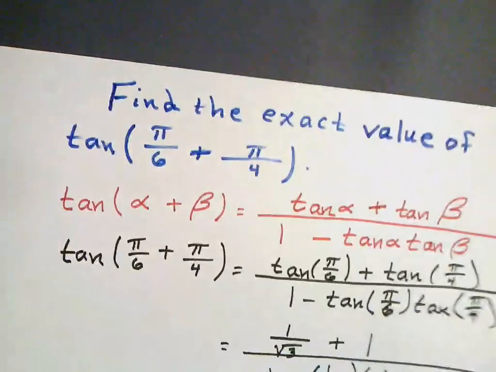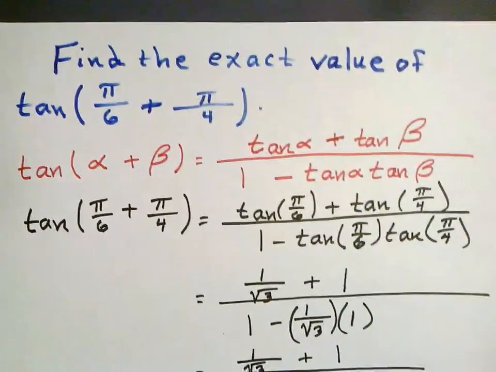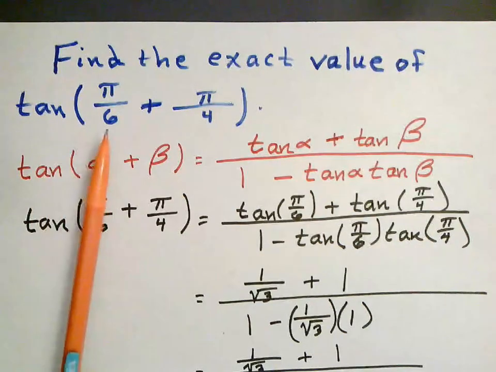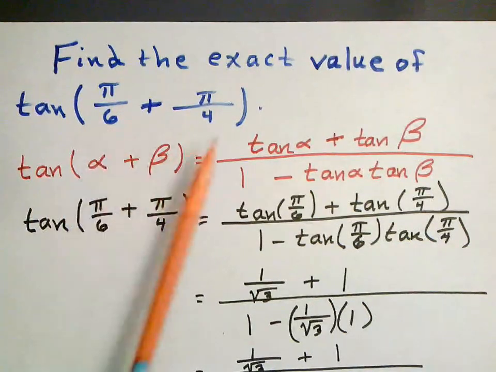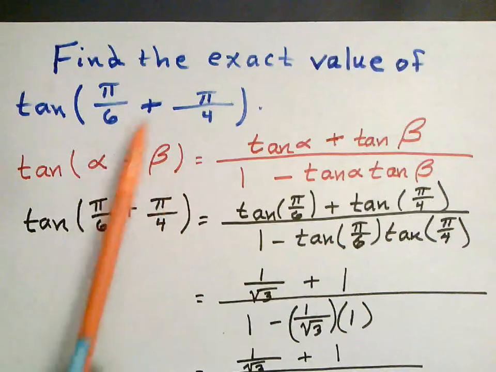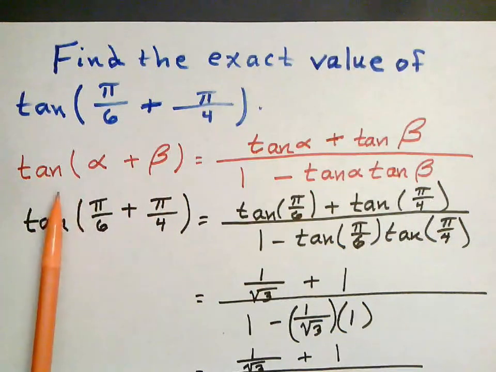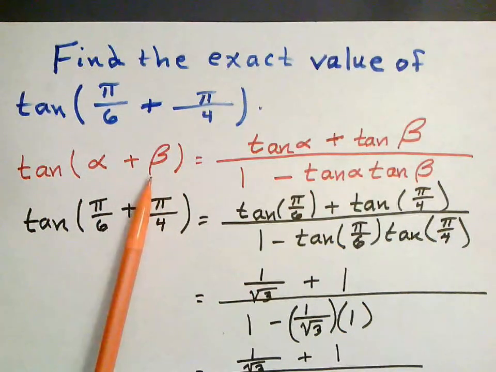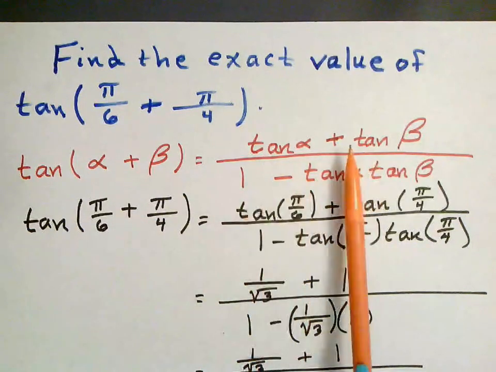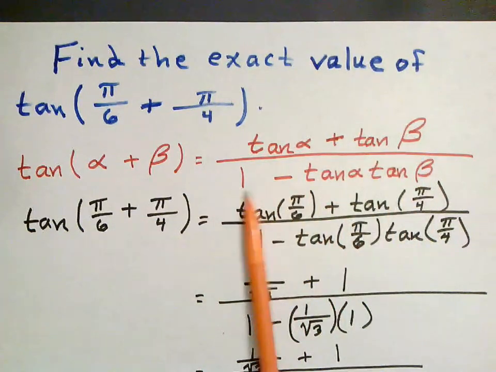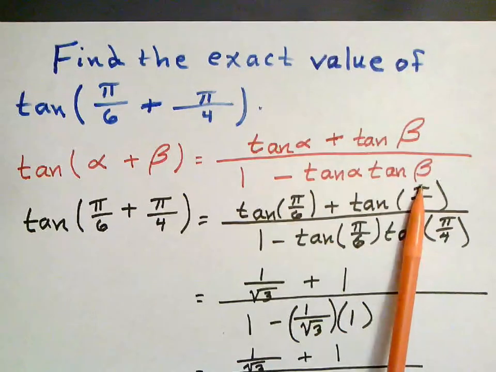We're going to find the exact value of tan of pi over 6 plus pi over 4. Well, this is an addition, so it's going to be a tan of a sum of two angles. So it's going to be tan of alpha plus tan of beta over 1 minus tan of alpha times tan of beta.